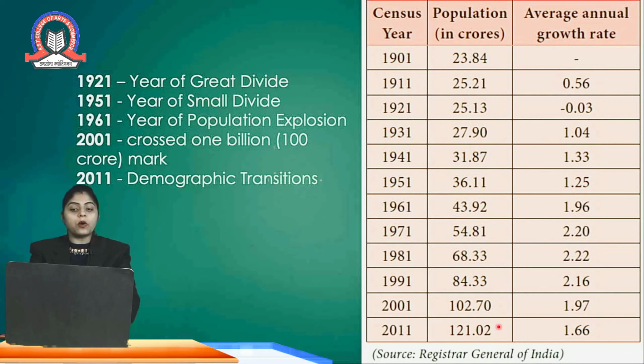In 2001, we crossed 1 billion population, that is more than 100 crores population was marked in the 2001 census data, at 1.97, which is again not a good sign for the Indian economy. Then in 2011, there is a demographic transition where the growth percentage declines from 1.97 to 1.66. That is a very good sign for India's population. The percentage growth is declining every decade.